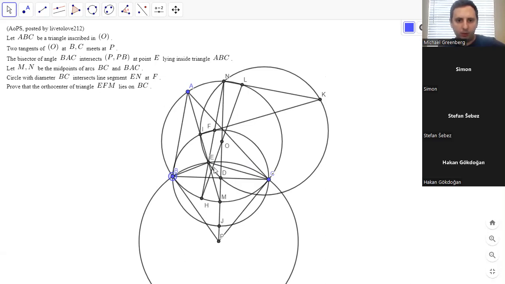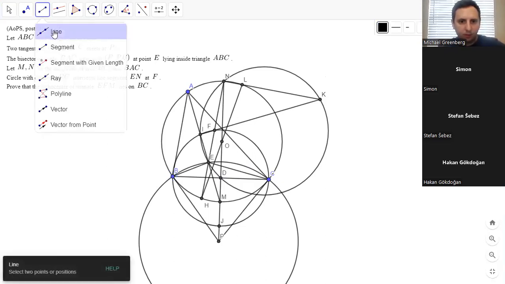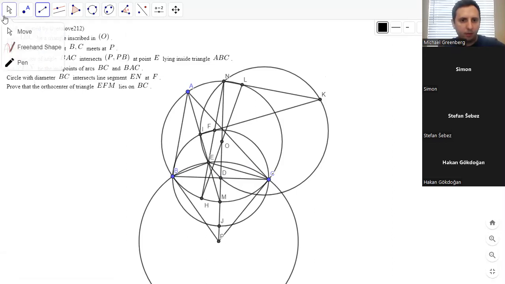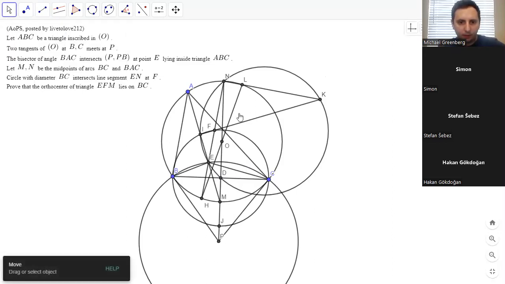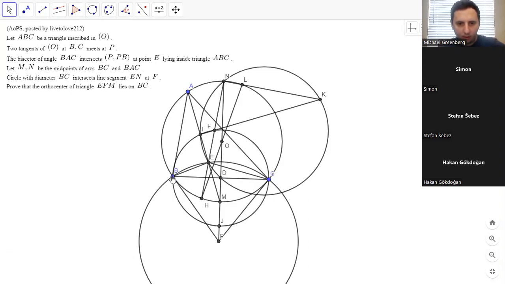So EO and EB are isogonal. And not only that, PM and PC are tangents.